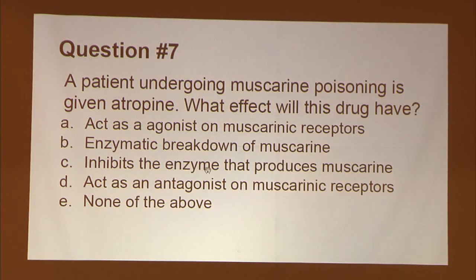C says it inhibits the enzyme that produces muscarine, which is not true either. D says it acts as an antagonist on muscarinic receptors, and that is true. So atropine is an antagonist for muscarinic receptors. Muscarine is the agonist. Acetylcholine is usually the transmitter. So the answer for this one is just D. It's acting as an antagonist.